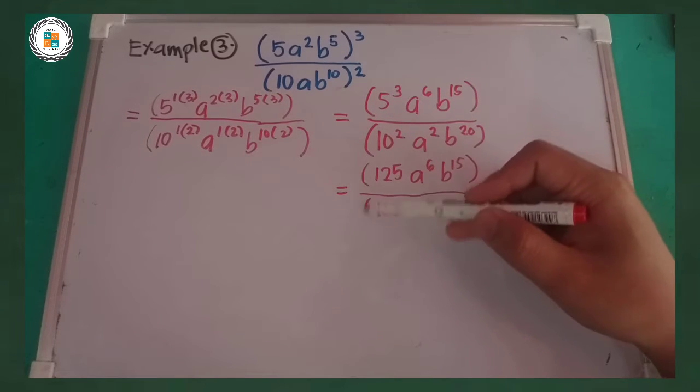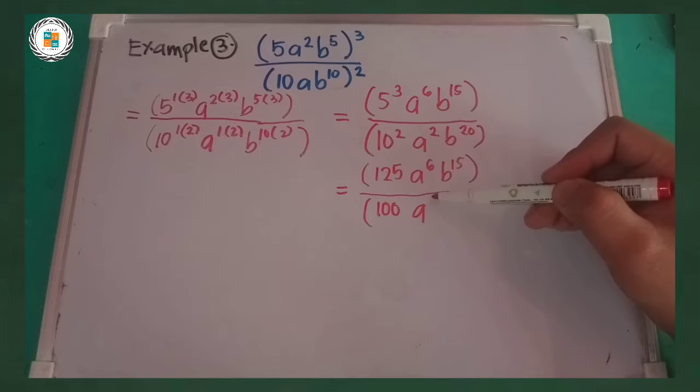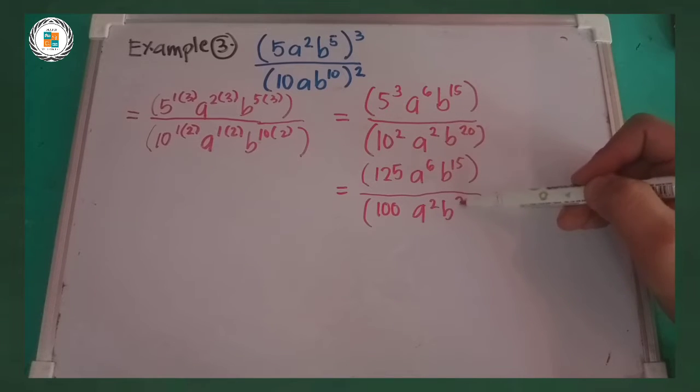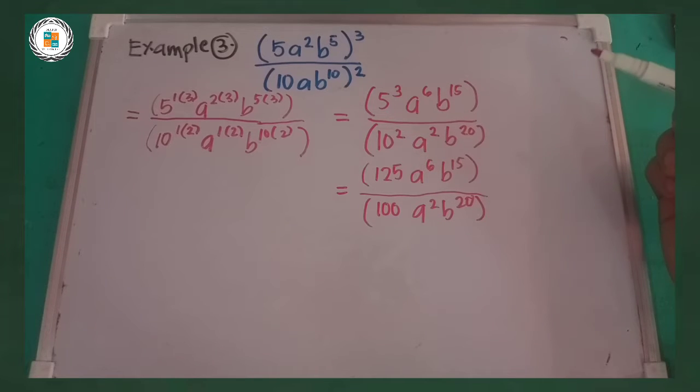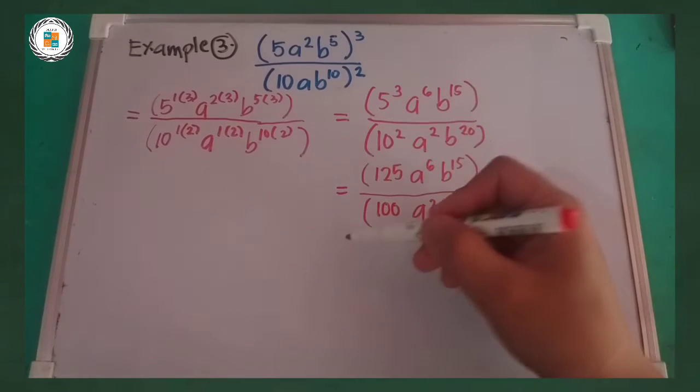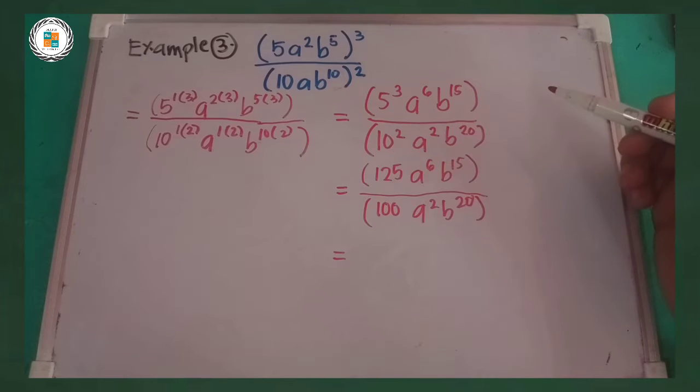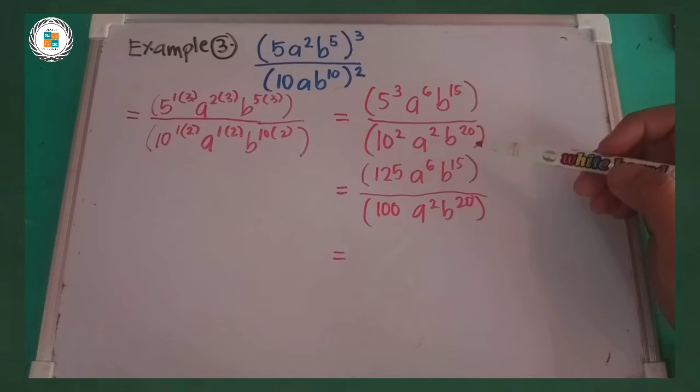A raised to the power of 2 and b raised to the power of 20. Okay, now next thing we can apply here is the ratio of powers with same base. Right? Ratio of powers with same base.